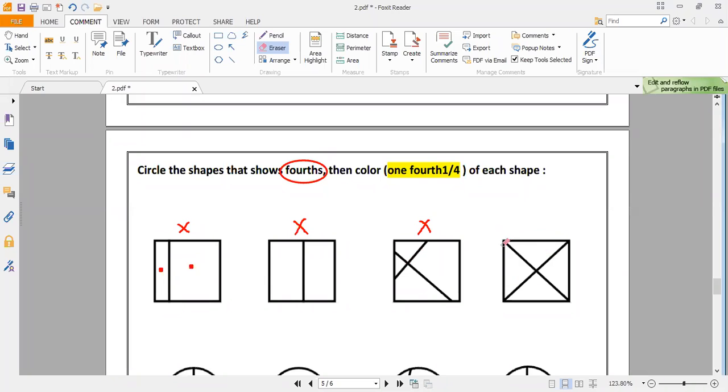Okay, but in the last one we have four parts, and these four parts are equal, they look the same. There is no difference between this part and this part and this part and this part. So can I say that this shape shows fourths?